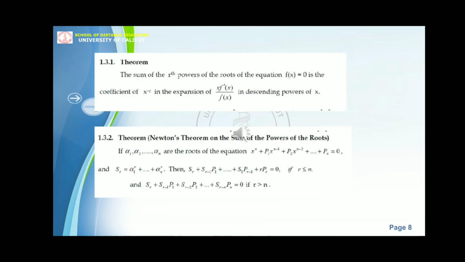Now from this theorem we can derive the next theorem, which is Newton's theorem on the sum of powers of roots.